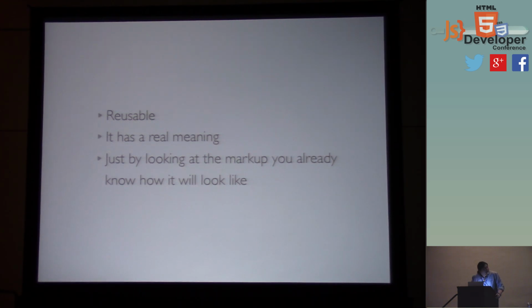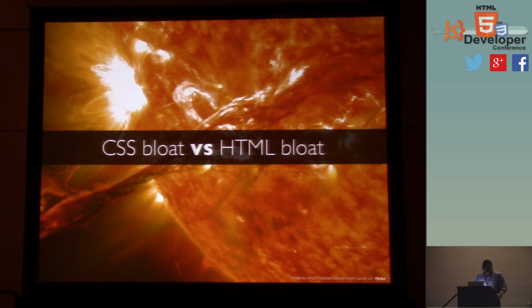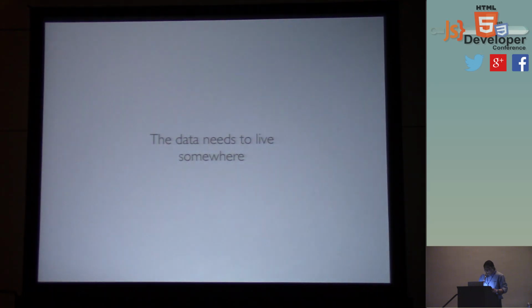So, another question that you might ask yourself is, well, you're not bloating the CSS anymore, but now you're bloating the HTML, right? You're just adding classes and classes everywhere. So one important thing to understand is that the data needs to live somewhere. Let's face it, right? It either needs to be on the CSS or the JavaScript or the HTML side.